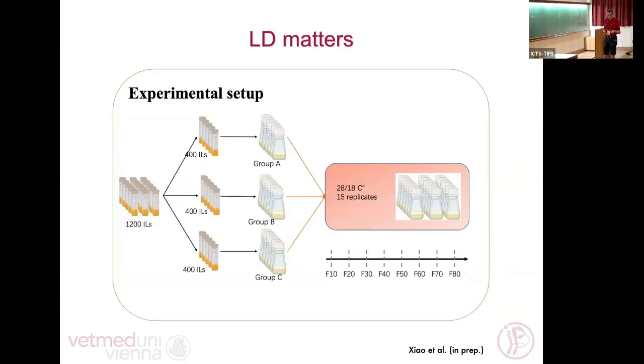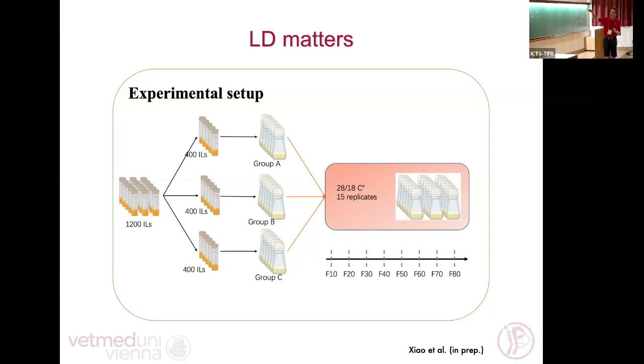To show you the impact of linkage in our experiment, I should introduce another experiment to you. This is an experiment that we have been setting up, where we had a total of 1,200 isofemale lines collected from the same natural population in South Africa. We divided these isofemale lines into 3 different sets.